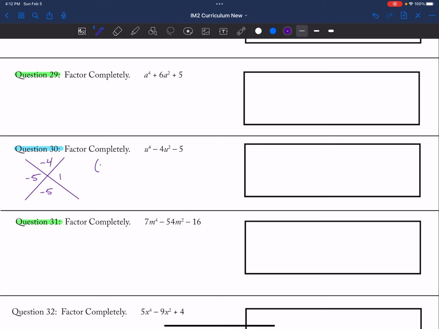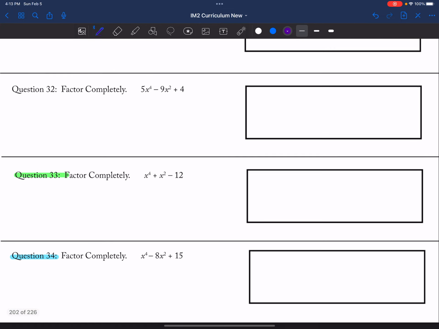So this will be u squared minus 5 and u squared plus 1. And then there's no sum of squares, and the difference of squares has to be a perfect square, so right now we'll say u squared minus 5, and u squared plus 1.